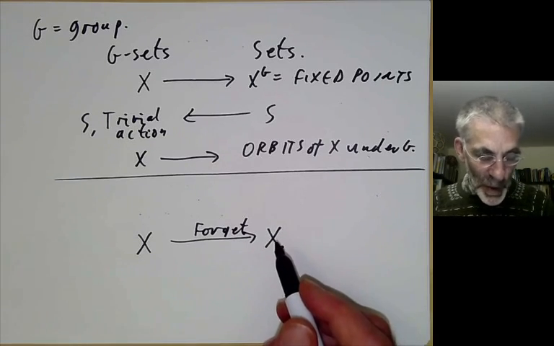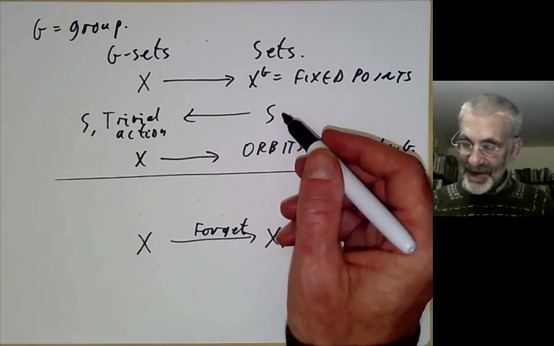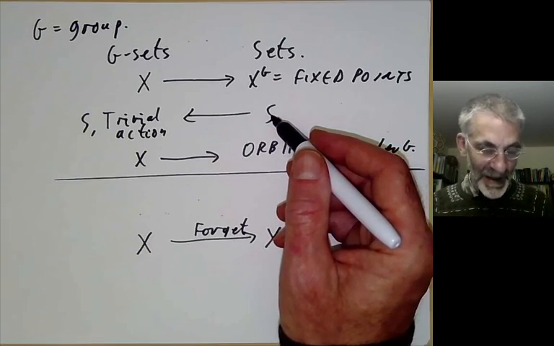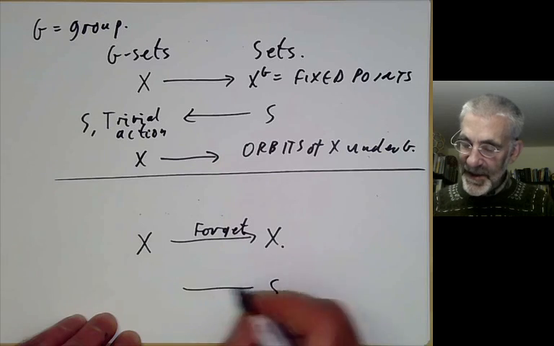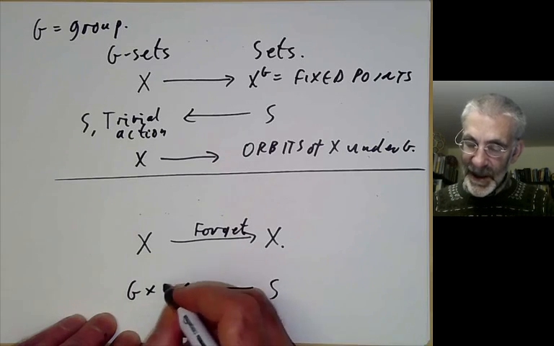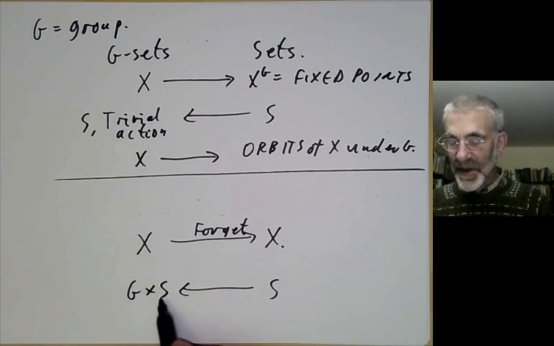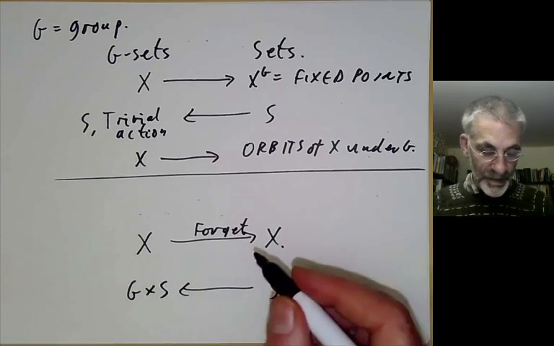And now there are yet more ways of turning a set S into a set acted on by G. We can take a set S to G times S, and G acts on G and acts on this bit trivially, so that gives you a G set.